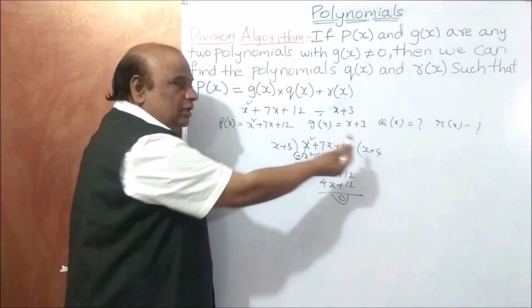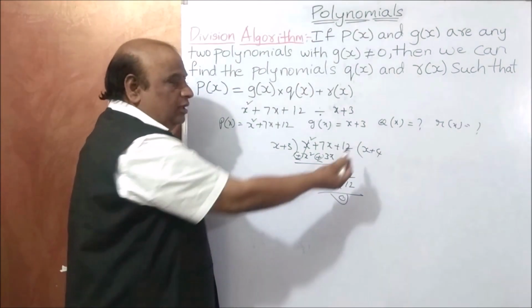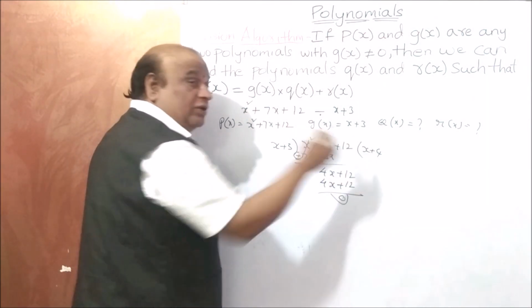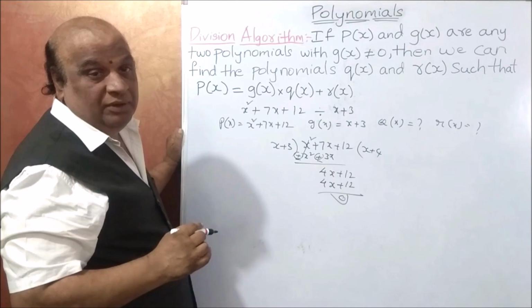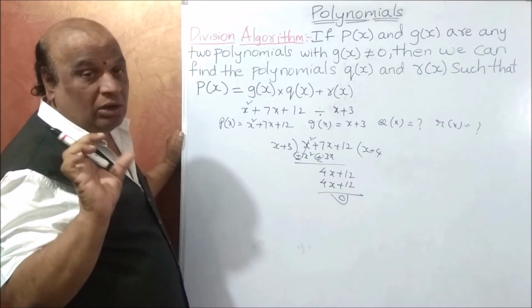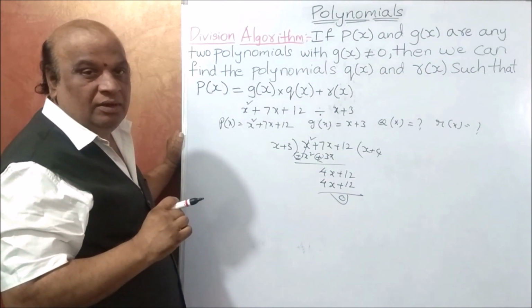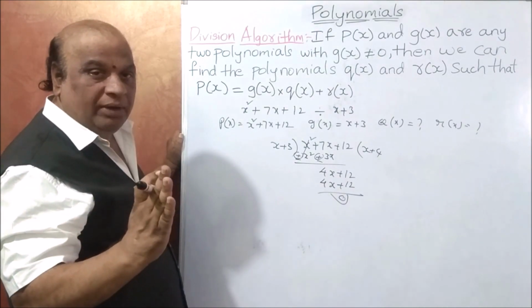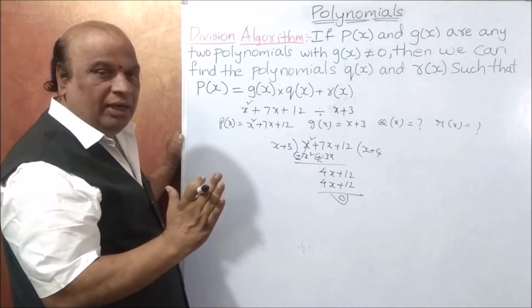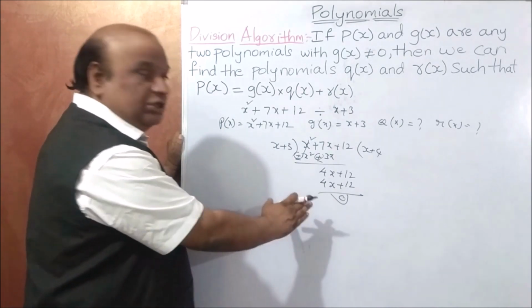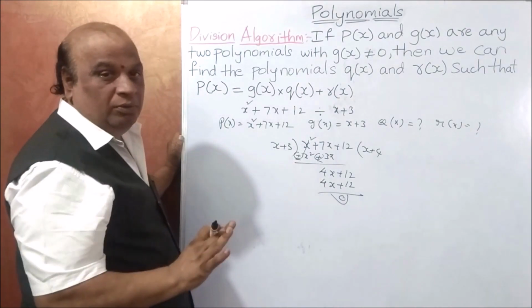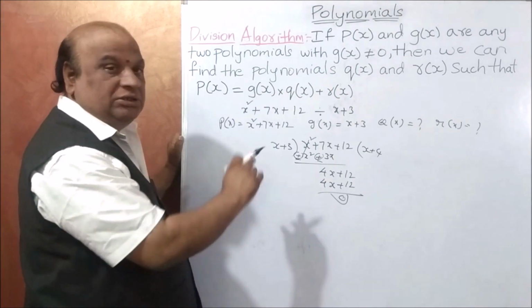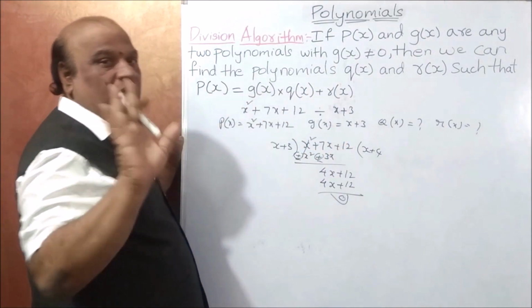What about the quotient Q of x? It is also a first degree polynomial. This is a very important concept. When we are dividing a second degree polynomial with a first degree polynomial, if R of x is equal to a constant or 0, in this case Q of x is also a first degree polynomial.